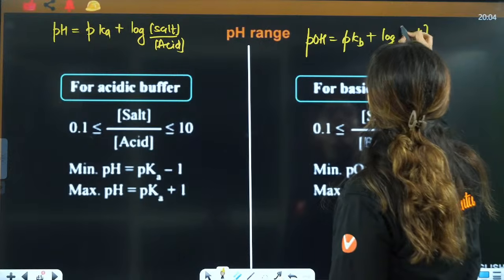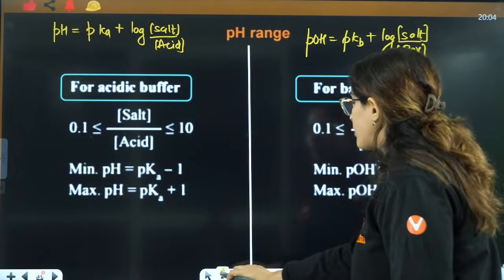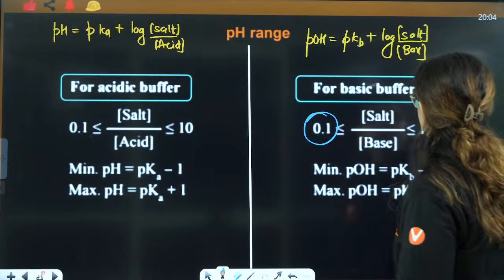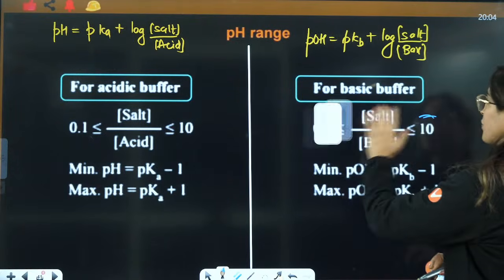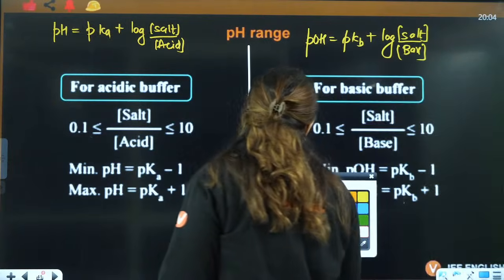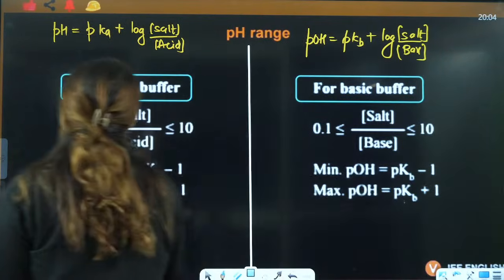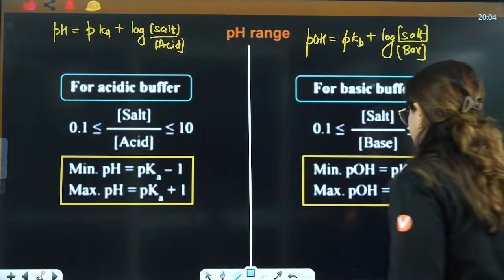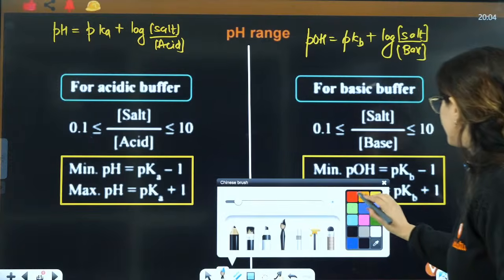For a basic buffer, we know this is the minimum value, this is the maximum. On similar lines, put it there and you will have the values of maximum pOH and minimum pOH. Okay? Tell me, is that clear, everybody?